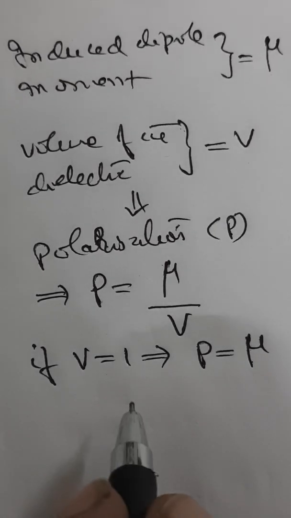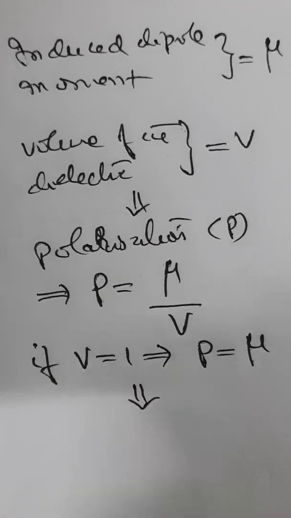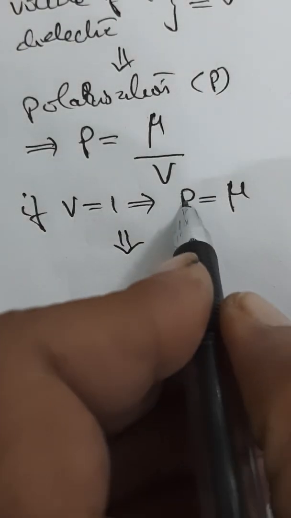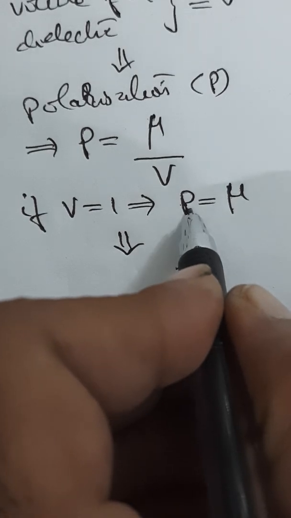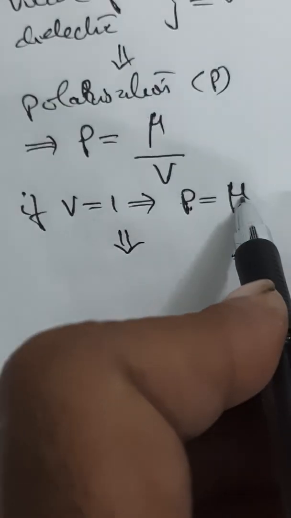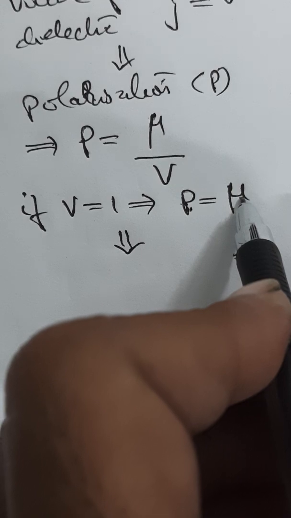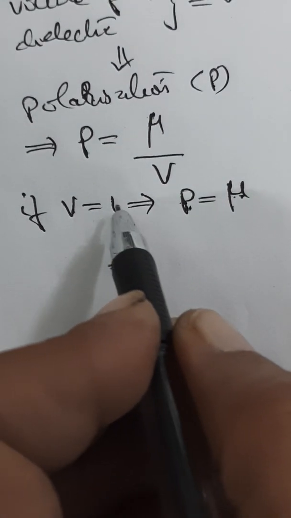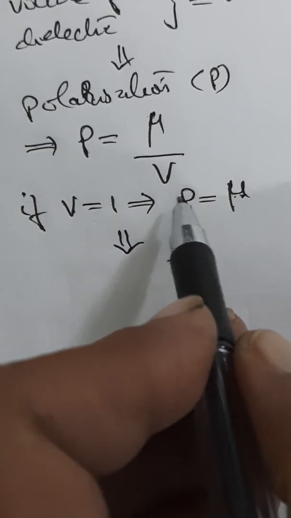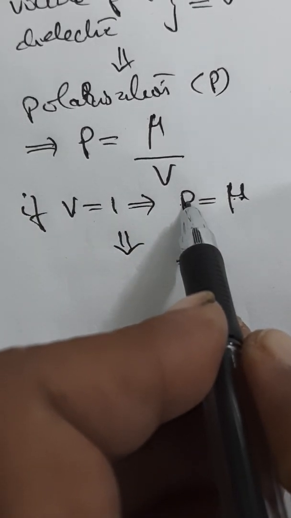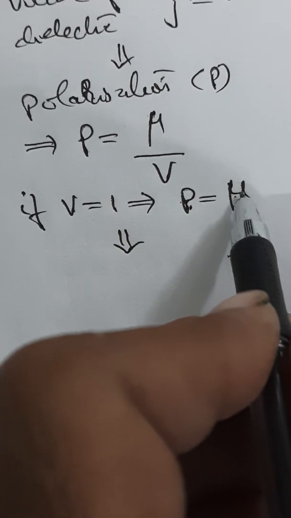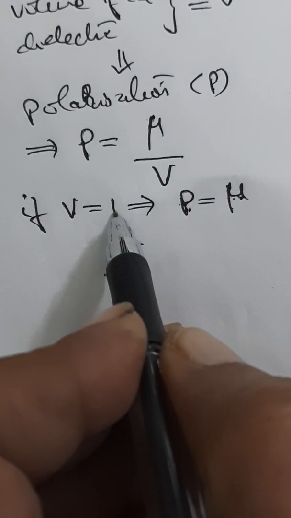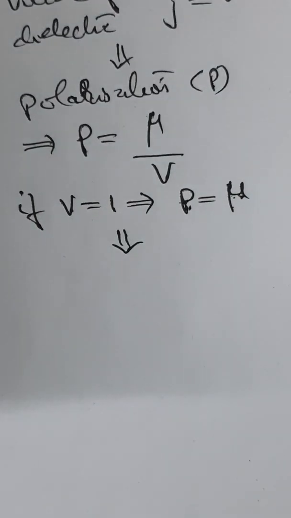So therefore from this, how can we conclude? What we can conclude, let us see. So what is P? Dielectric polarization. What is mu? Induced dipole moment. When has it become P equal to mu? When volume is equal to 1. That means dielectric polarization is nothing but the induced dipole moment per unit volume of the dielectric in the presence of an electric field.